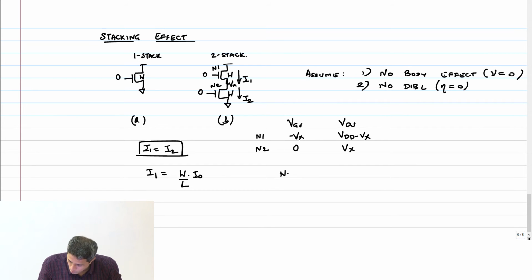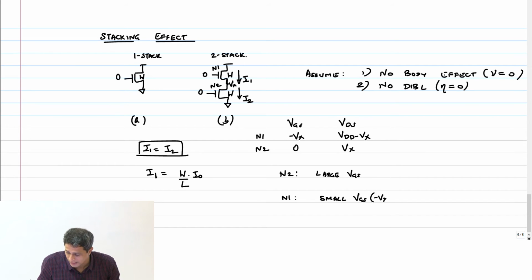So N2 has large VGS compared to N1. N1 has small VGS.